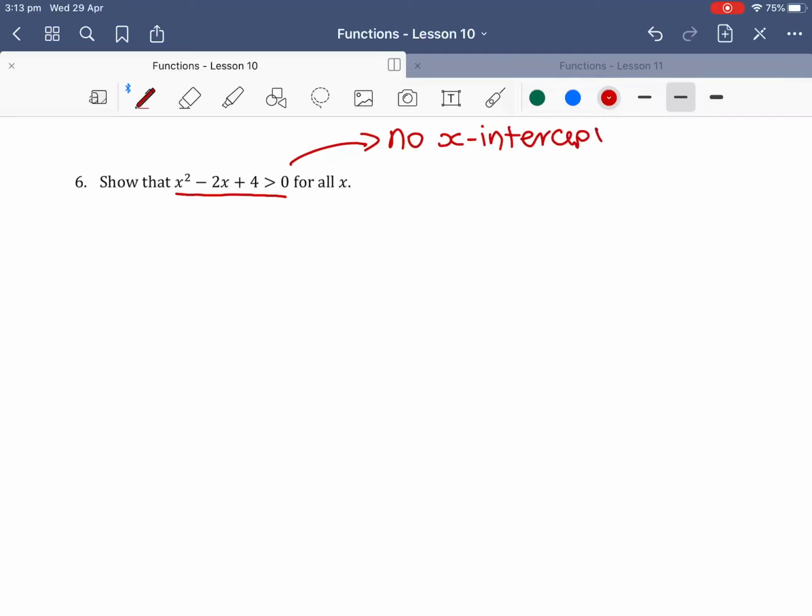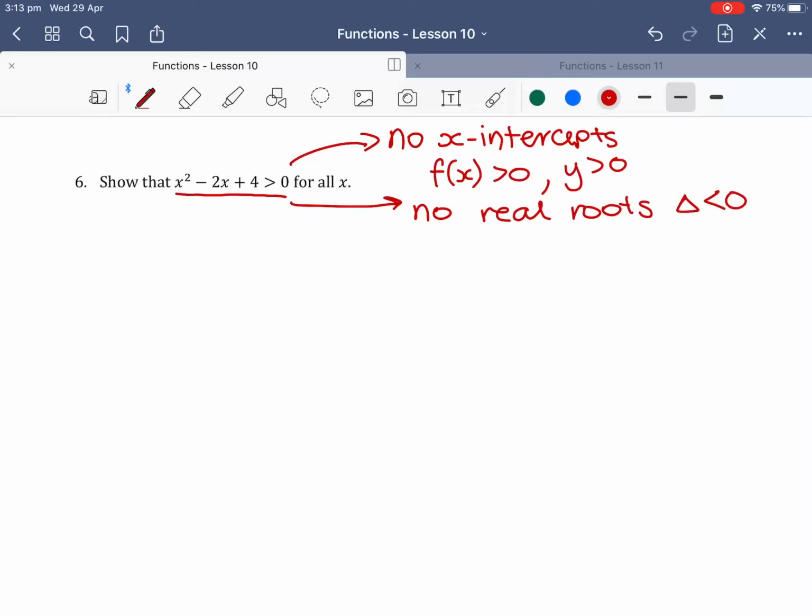And when it has no x-intercepts, it means that our function is greater than 0, and that means our y is greater than 0, which is our range. And when we have no x-intercepts, we need to remember that we should have no real roots. So we want our discriminant to be less than 0.